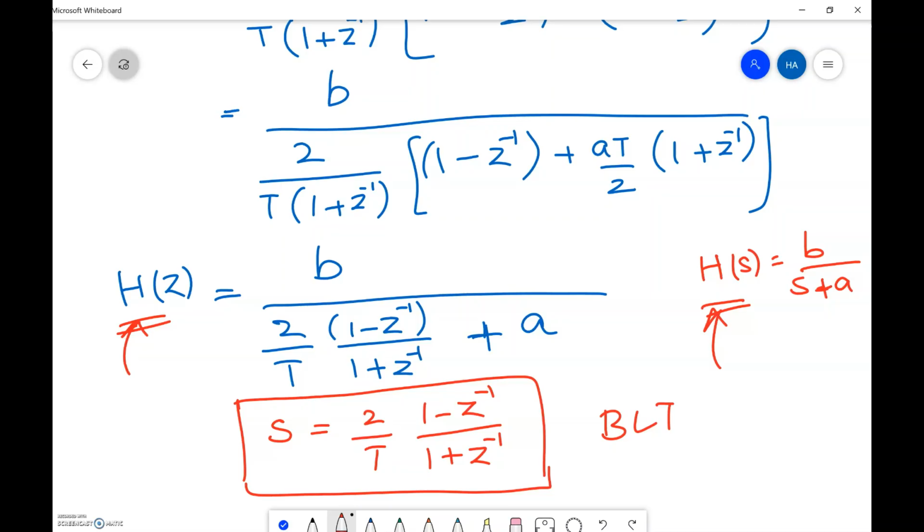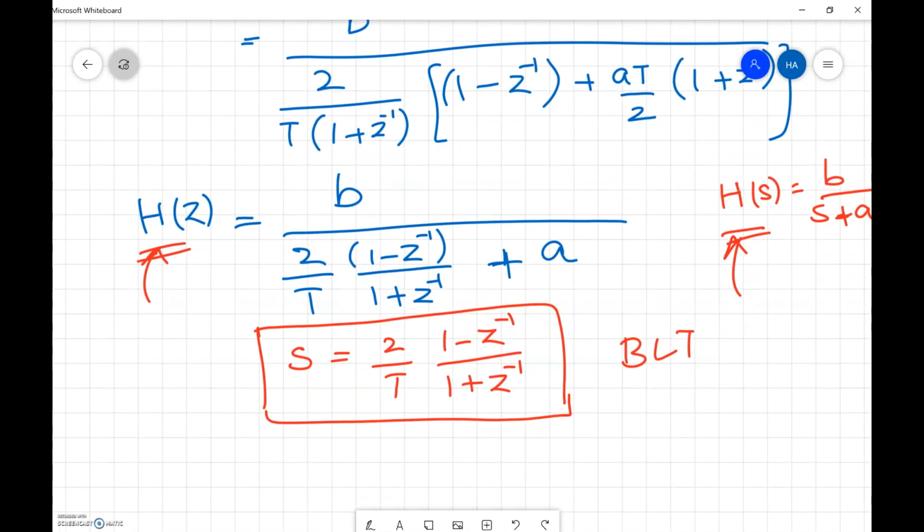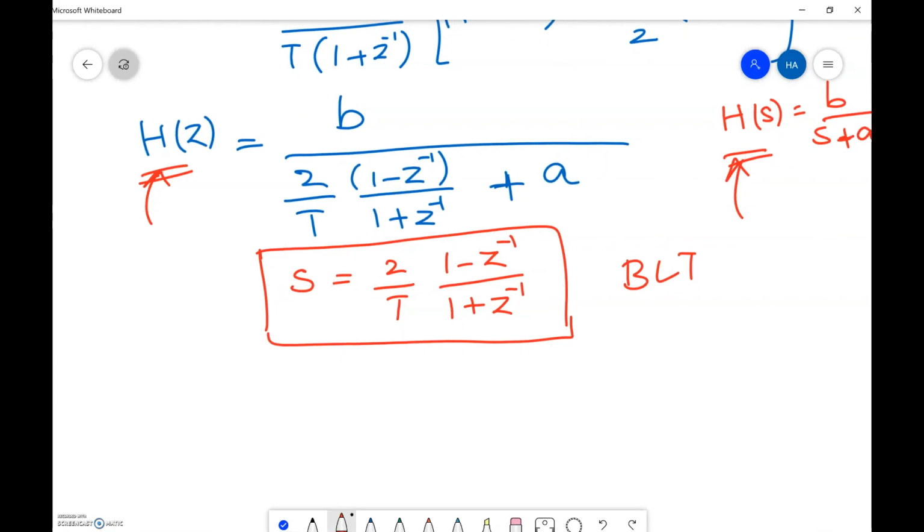Now in order to see the mapping of the bilinear transformation from the s plane to the z plane, we'll have to substitute for s and z. So you put z is equal to r e to the power j omega and s equals sigma plus j omega, and we substitute this in the above equation.